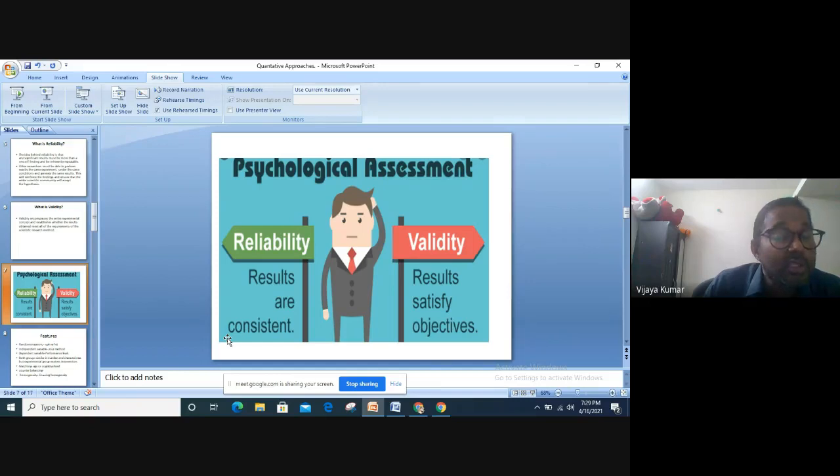If your research objective was to check the enunciation, the improvement in enunciation, and in your results, if you are talking about fluency, then your results are not valid. So an applied researcher should ensure that there are two aspects of his research. One is reliability and the other one is validity.